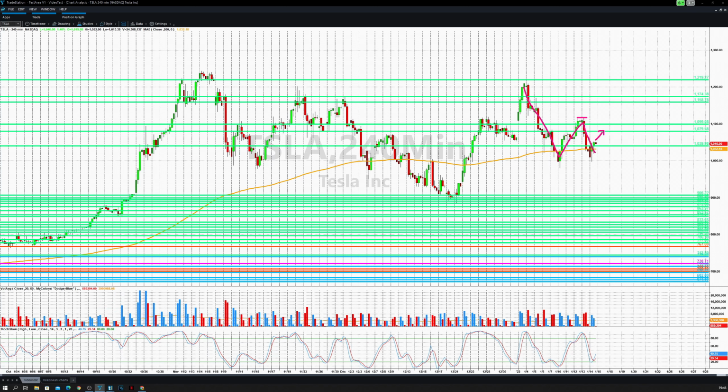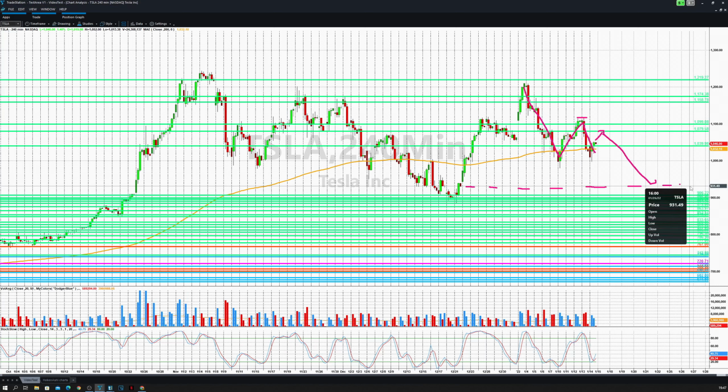So I think the target for Tesla is here, the 930 area. This is the 930. Tesla wants to reach this area and again bring the buyers, and from there probably on.